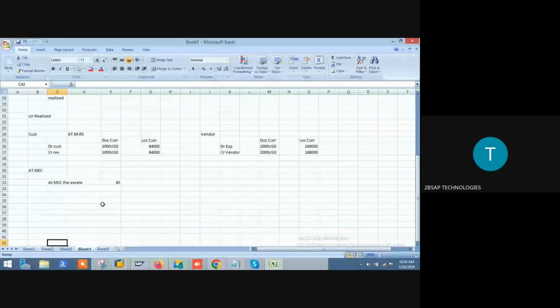We will see it. If your exchange rate is 85, in terms of the customer, your gain is how much, sir? Gain is 1000 INR. Let's take it in the INR concept. Here, in terms of the vendor, your loss is how much, sir? 2,000.